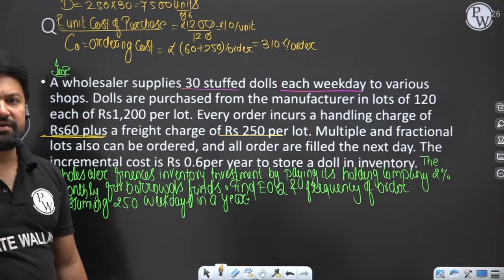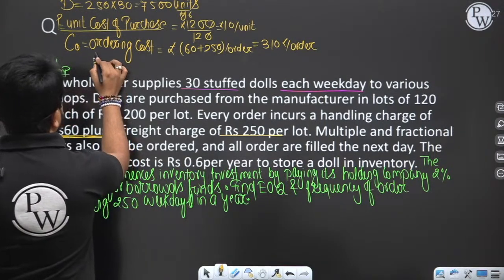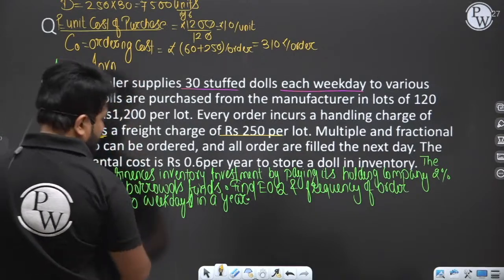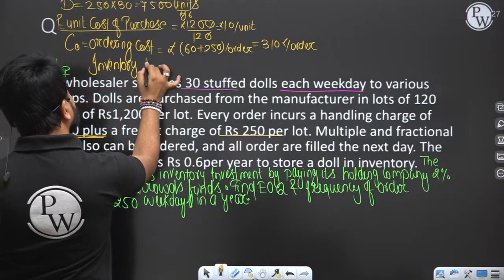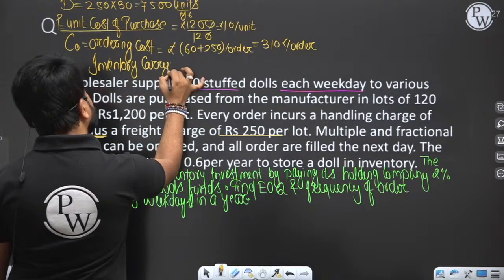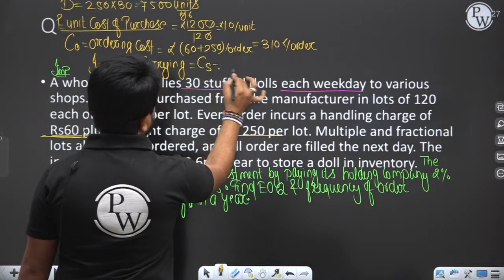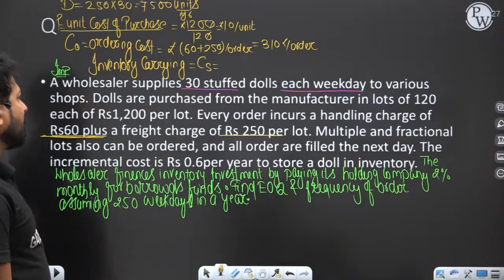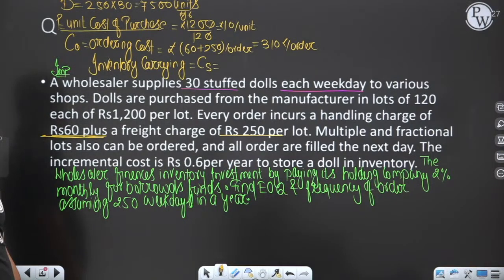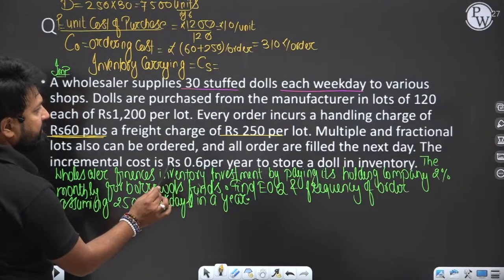Now inventory carrying cost. My dear, listen to me carefully. The inventory carrying cost is your holding cost. Let me read out the incremental cost.